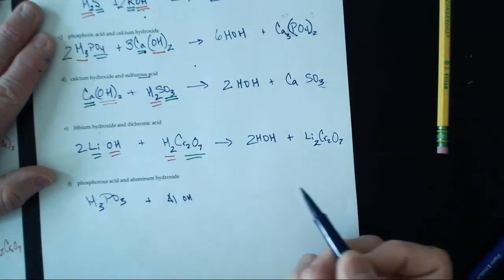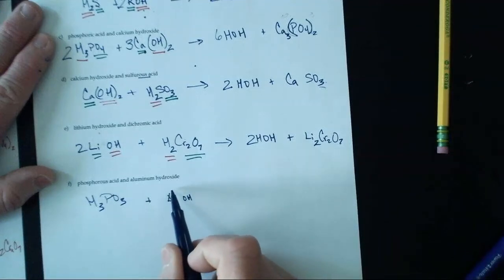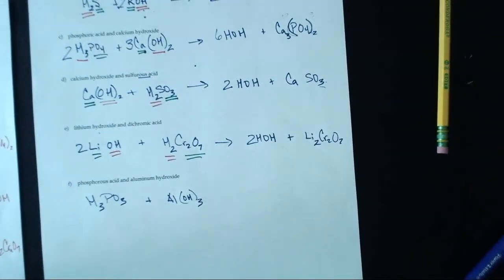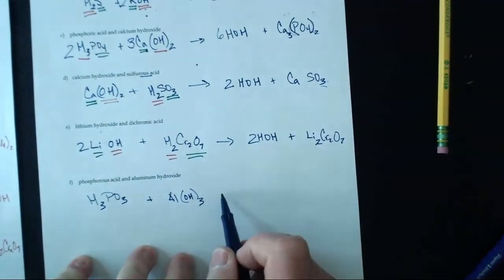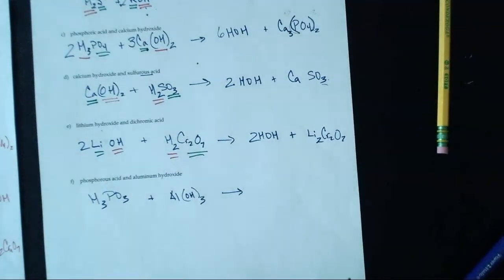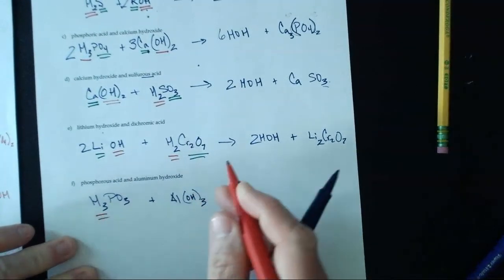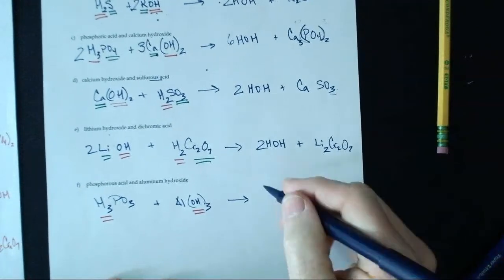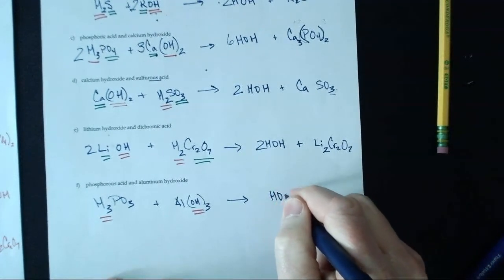Aluminum and then hydroxide. Aluminum is +3, hydroxide is -1, so that means I've got to have 3 of those. Well, what do we end up with? Again, there's my H and my OH to make my water.